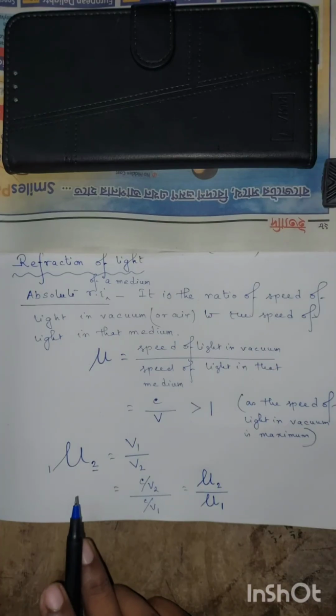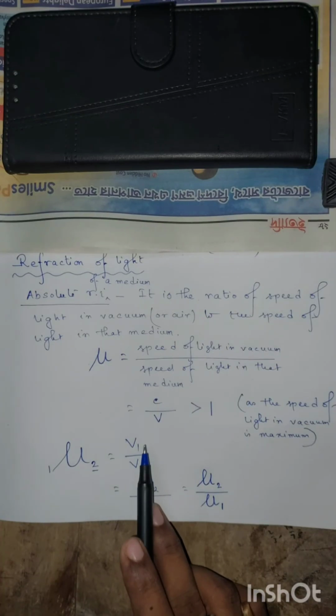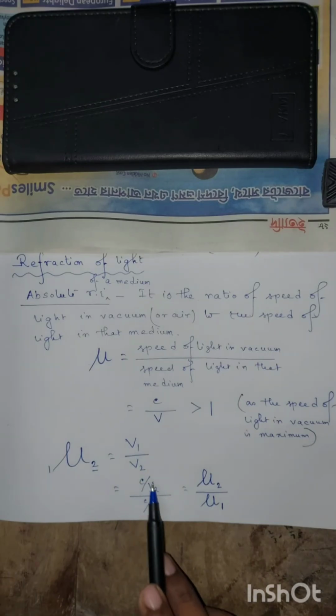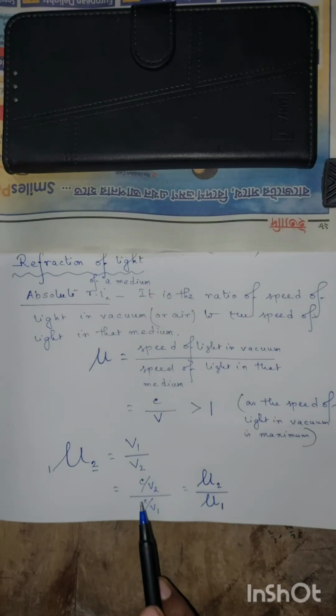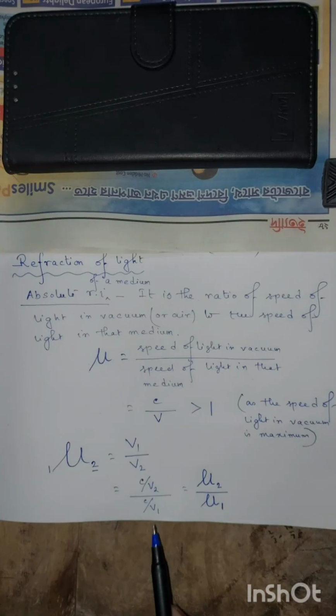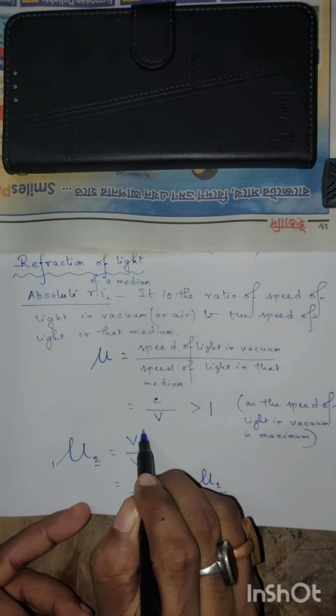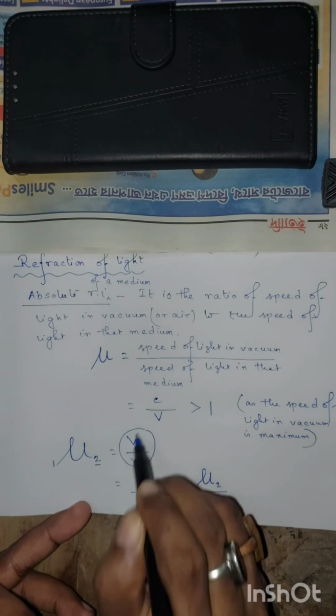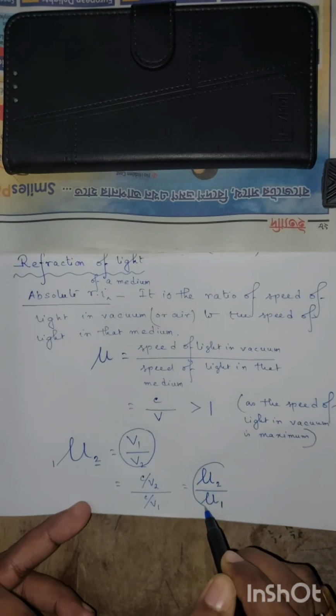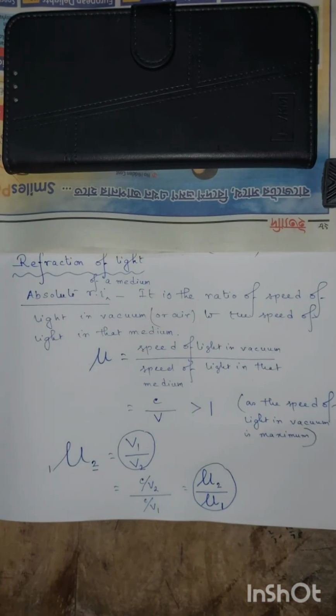So mu2 1 can be written as v1 by v2, which can again be written as c by v2 by c by v1, which is actually absolute refractive index of medium 2 by absolute refractive index of medium 1. So this format and this format is important for our numericals.